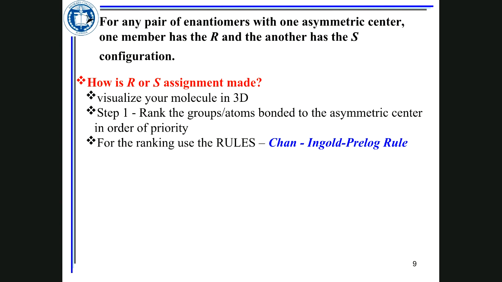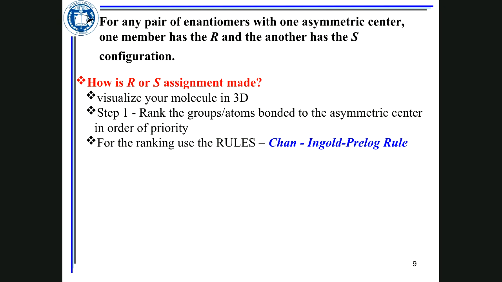What's the difference? The difference is that you didn't follow the first rule, that the white color with the lowest priority must be away from your view. So if you flip it, if it comes toward you, then you have to switch the rule. You say, if it's clockwise, it's going to be R, and if it's counterclockwise, it's going to be S. So you have to basically follow both rules.